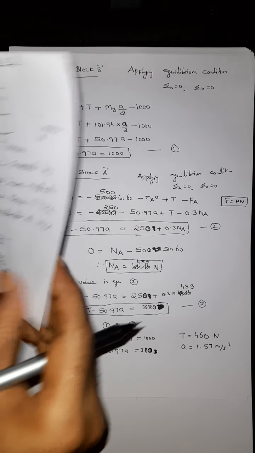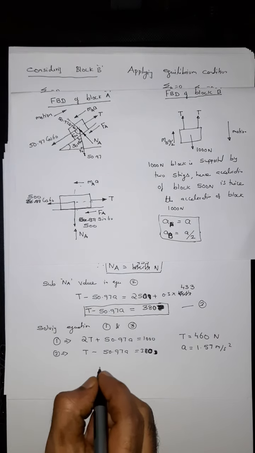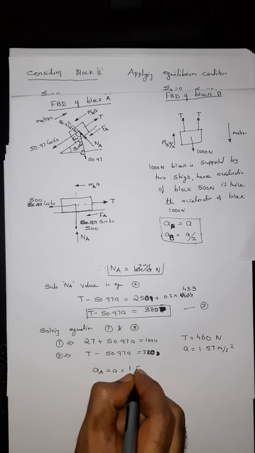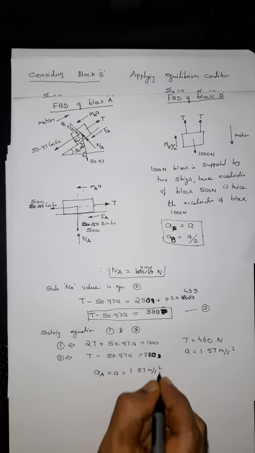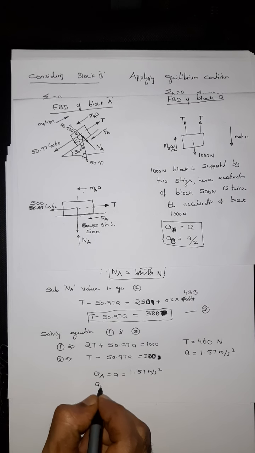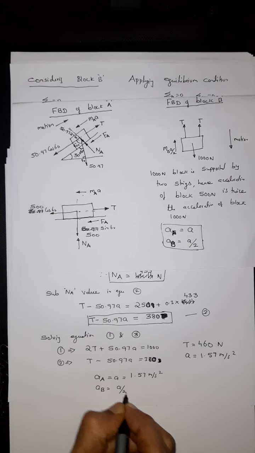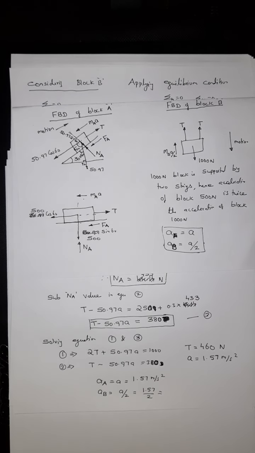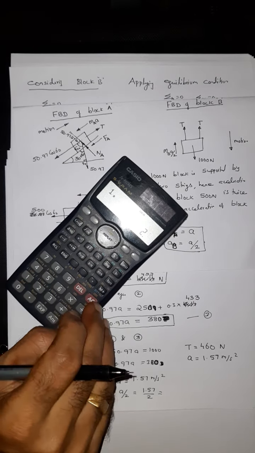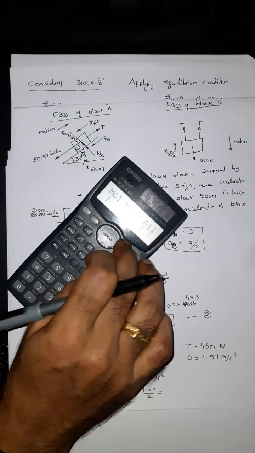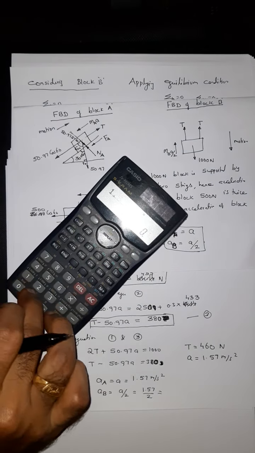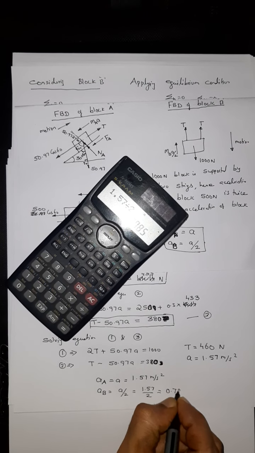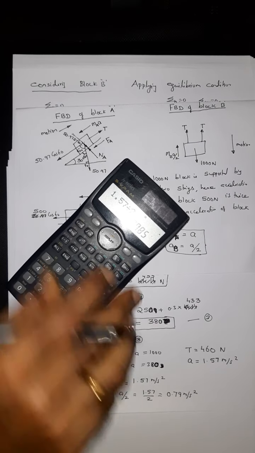What we considered here is AA equal to A, which is 1.57 meter per second square. What about AB? AB is equal to A by 2, which is 1.57 divided by 2, which works out to 0.79 meter per second square.